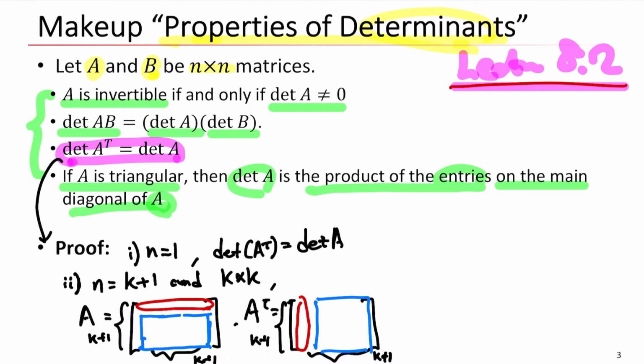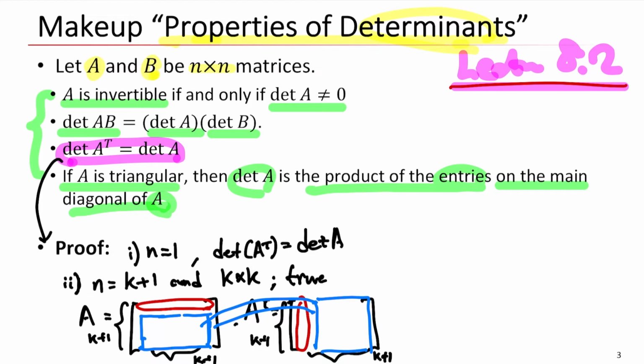We already know this is true, because A transpose is just the swap of the rows and columns. So in this case, this theorem is also true.